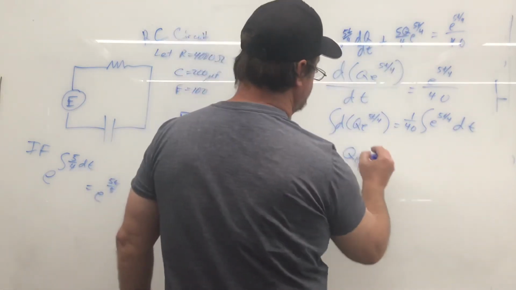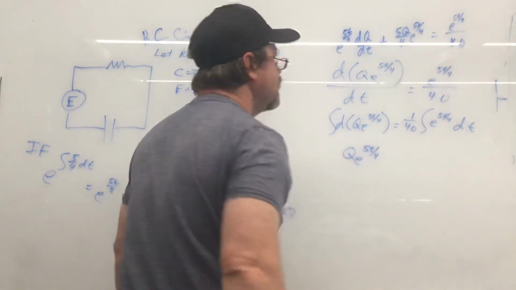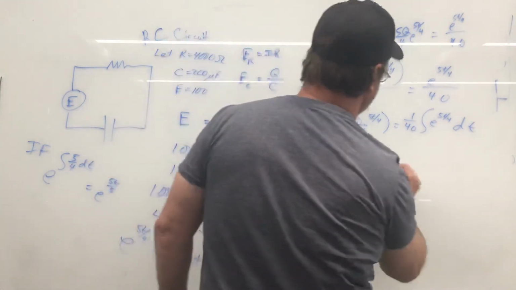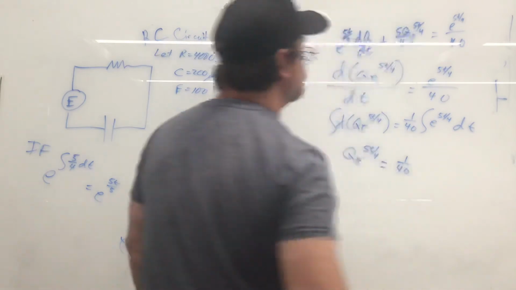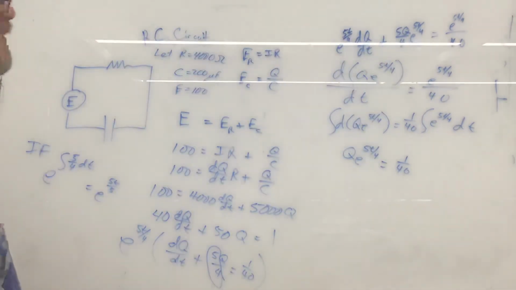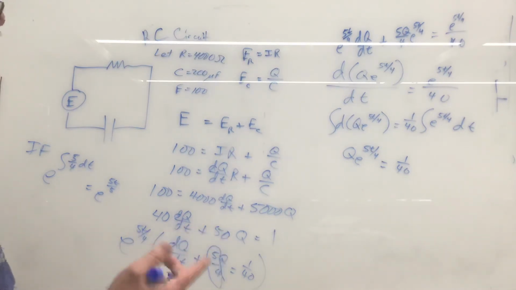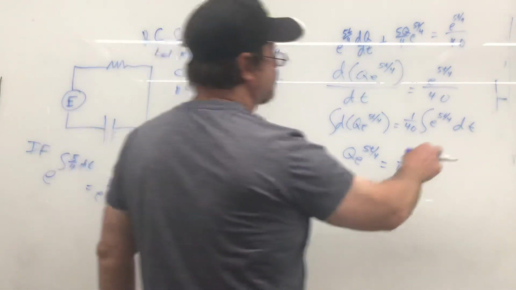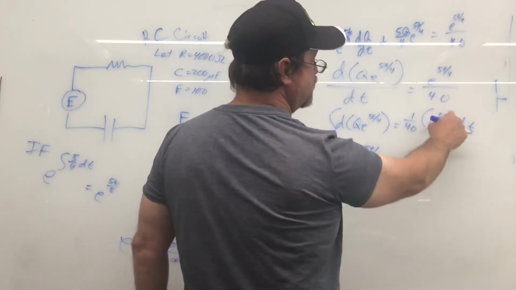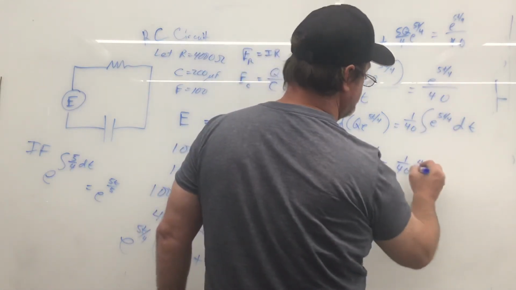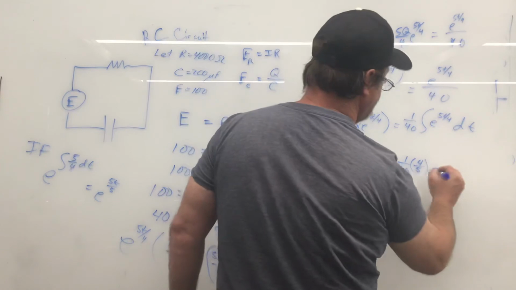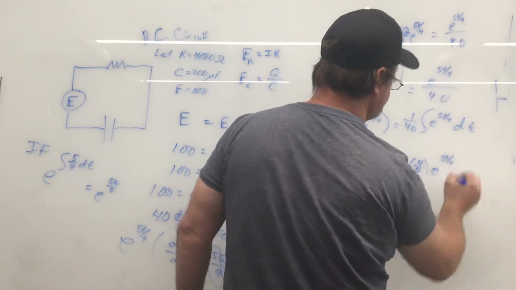The left side integrates to just this. The right side, I've got that 1 over 40. Again, you could do a substitution, say u is 5t over 4, du dt would then be 5/4, which means that dt is 4/5 du. So we're going to get a 4/5 that shows up because of that, and then e to the 5t over 4.